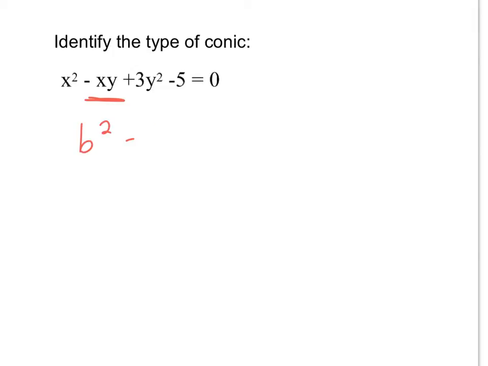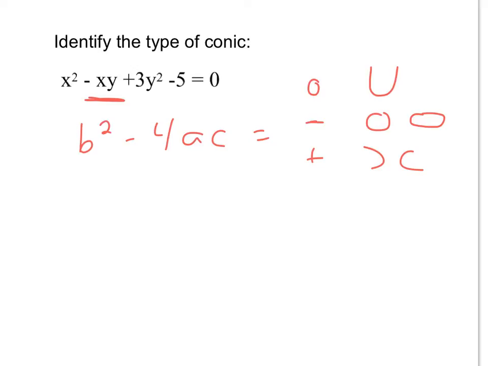B squared minus 4ac. Again, if this equals 0, we have a parabola. If this is negative, we have a circle or ellipse. And if this is positive, we're going to have a hyperbola. Okay, so let's plug in the values right now.